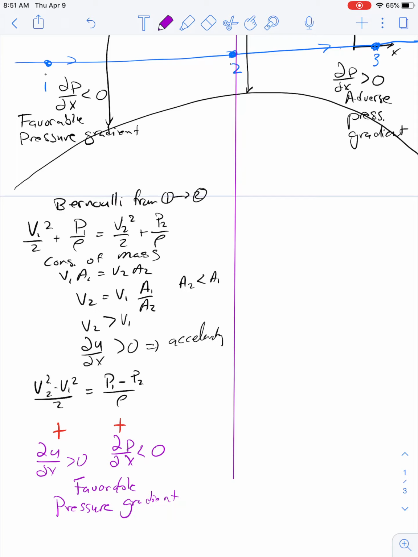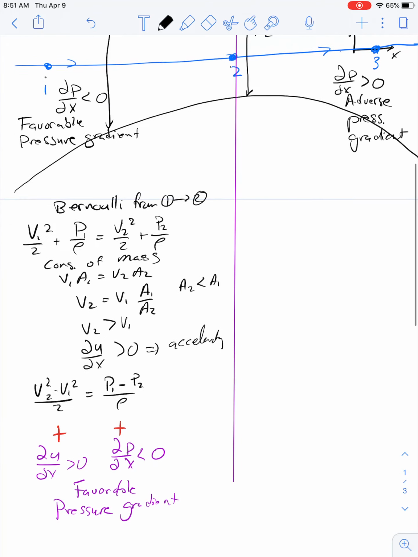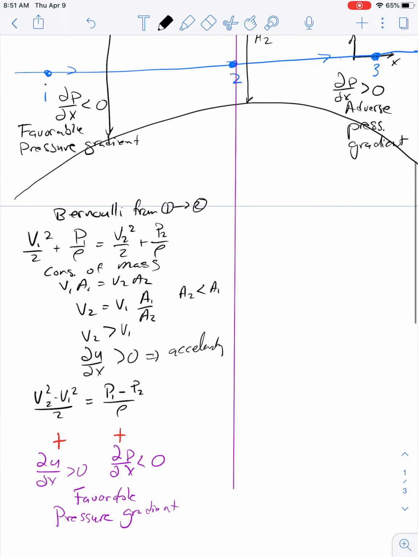Okay, we can do the same thing for the situation on the right-hand side, in the diverging section of the nozzle. We'll write Bernoulli from 2 to 3, same exact idea.